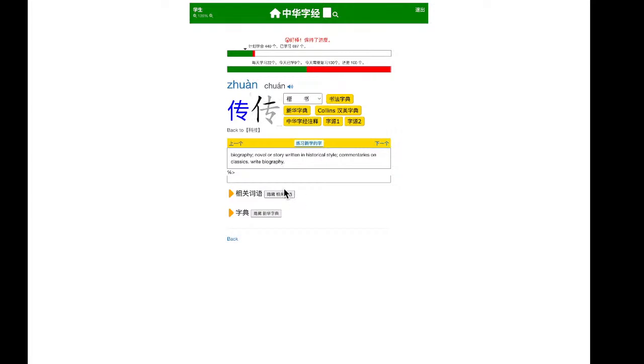传 has another pronunciation of the same character, which means something different. 传 means biography, a novel or story written in historical style, like 儒林外传. Last unit we talked about a Chinese novel, right? In Chinese history, it's a very famous classic novel called 儒林外传.